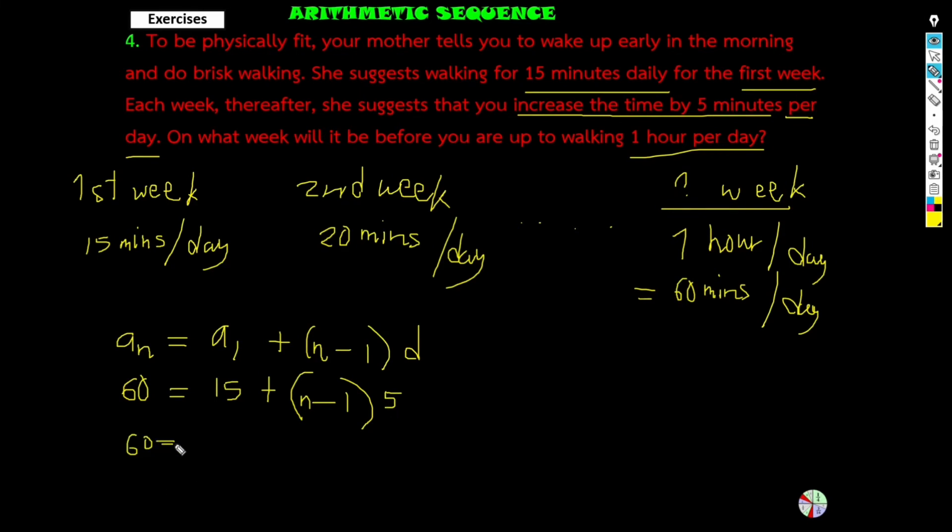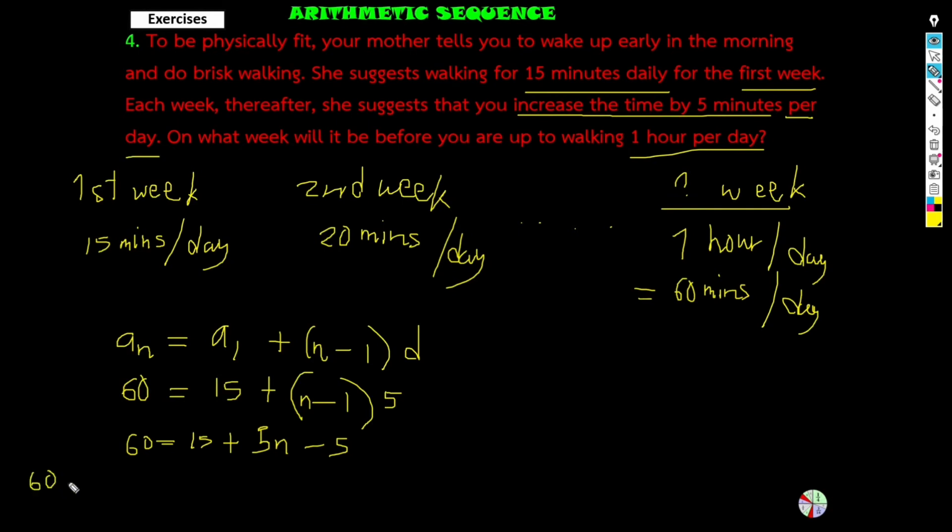So we'll solve this. 60 equals 15 plus 5 times n, which is 5n minus 5. We transpose all the whole numbers to the other side.